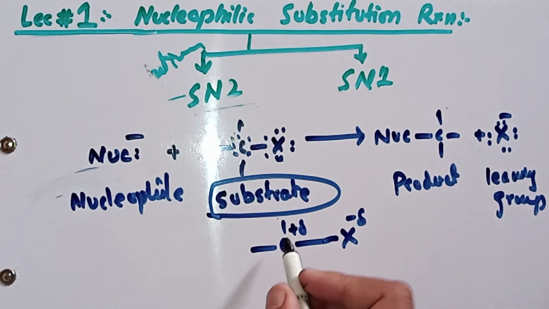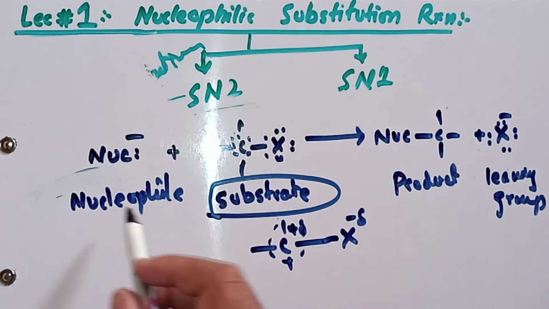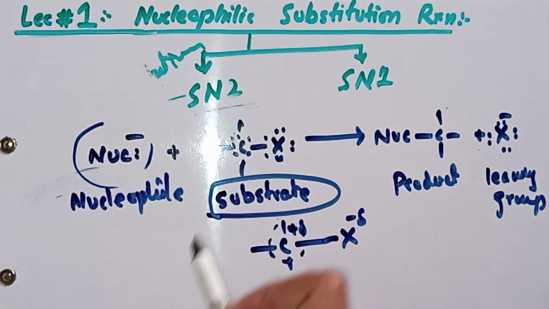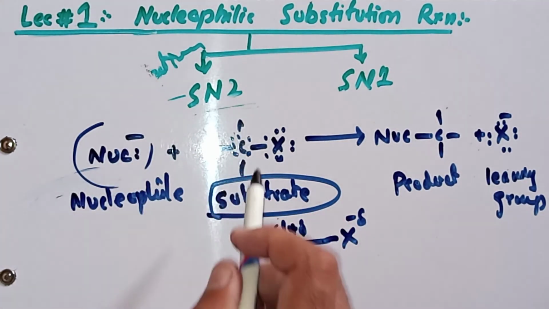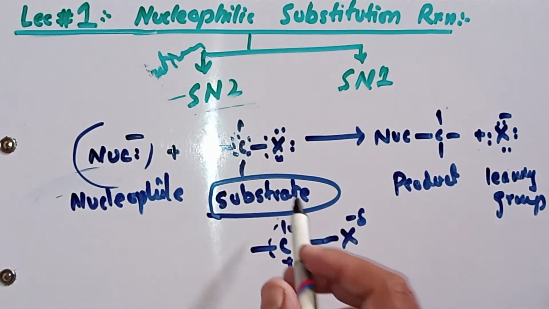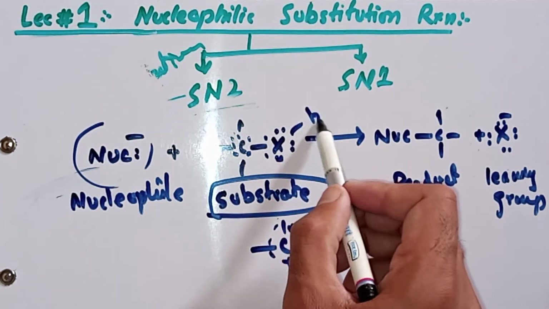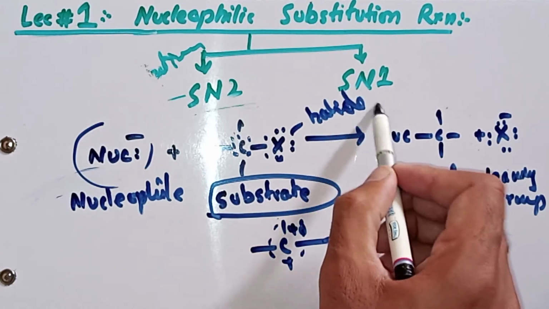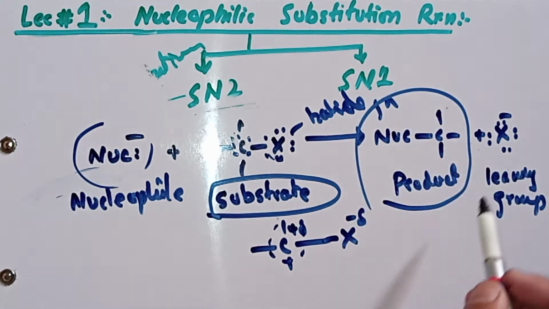Due to the partial positive charge on this carbon, it acts as an electrophile. The nucleophile attacks this electrophilic center, so this acts as the substrate. Then the halide leaving group is replaced by the nucleophile and the product is formed.